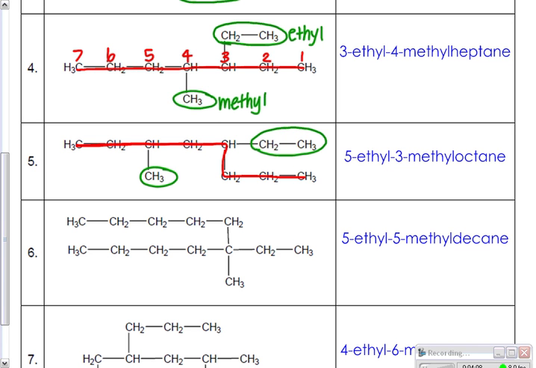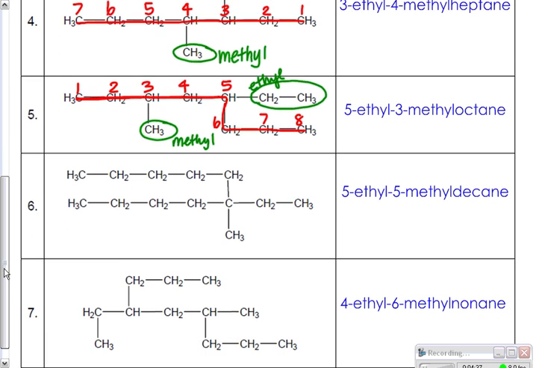Same groups as we had before, a methyl and an ethyl. And we need to number them so that they have the lowest numbering. So we number from left to right, giving the substituents the numbers 3 and 5. Again, you list them alphabetically. So ethyl goes first: 5-ethyl-3-methyloctane. Octane because there are 8 carbons in the parent chain.